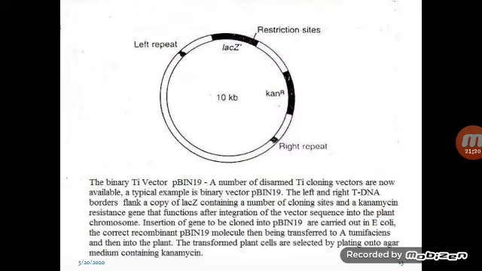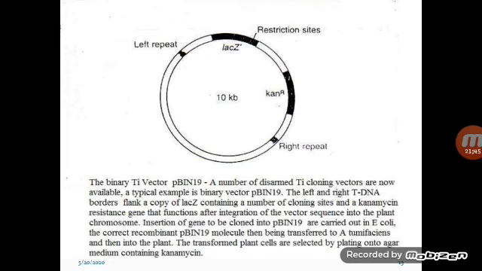This is the last view of a vector. It is also a binary vector, pBin19. This vector has a size of 10 kb with right and left repeats.